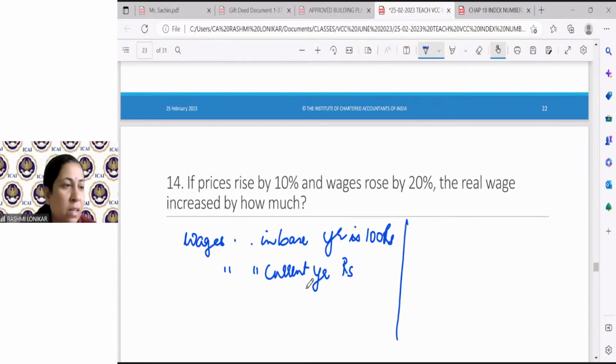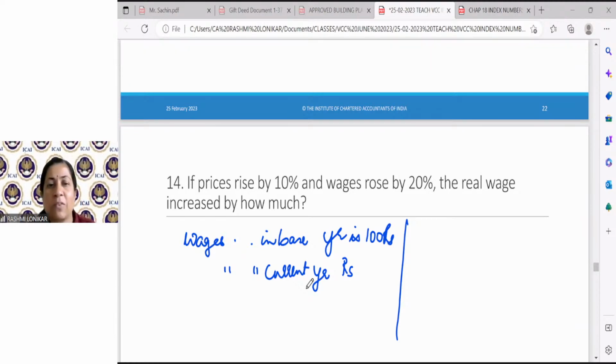So wages in current year will be how much? What does this wages rose by 20% mean? It means, yes, very good. It means it is going to be 100 plus 20, which is equal to rupees 120. Okay. Now this is 120. What about the prices?